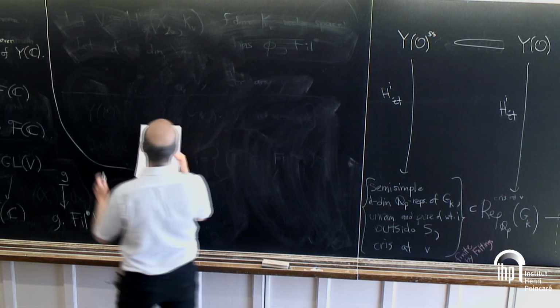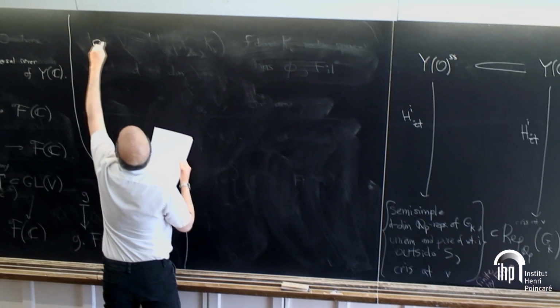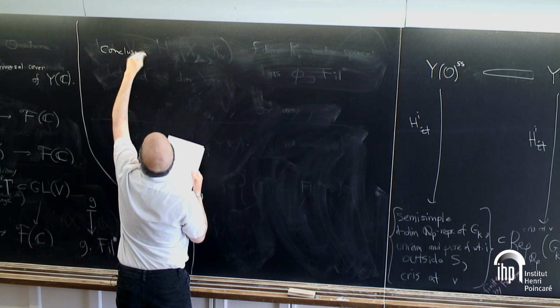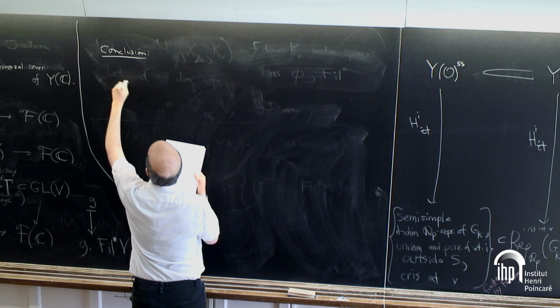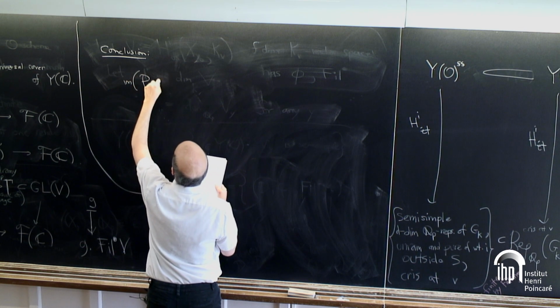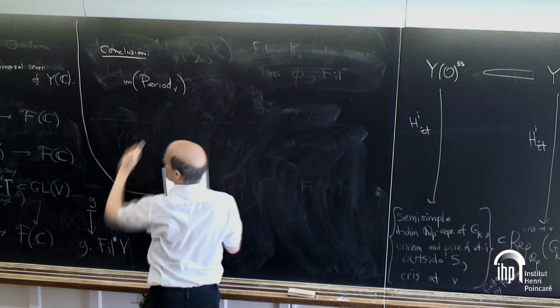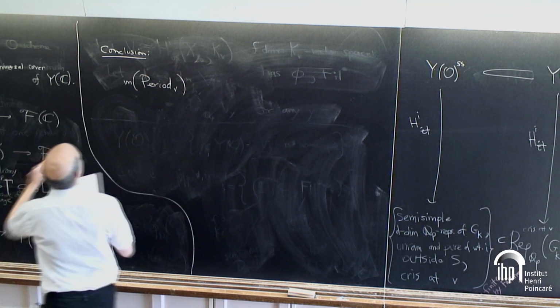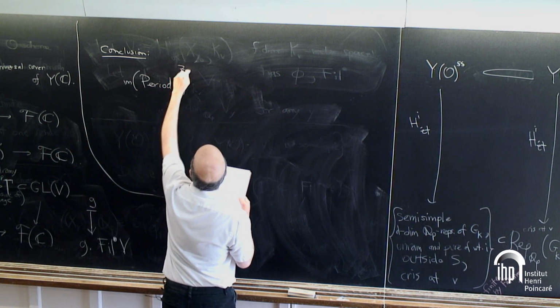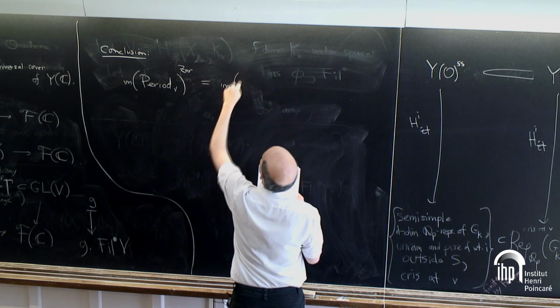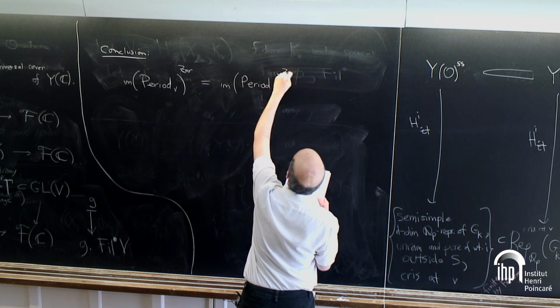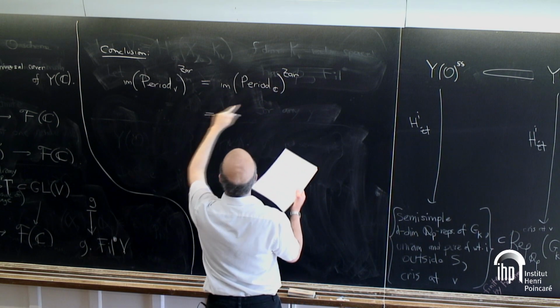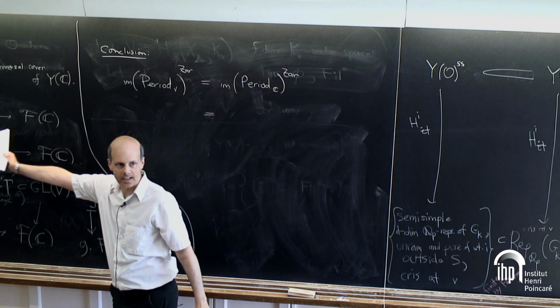Okay, so what's the upshot of this? The conclusion of this little discussion, this little board here, is that the image of the p-adic period map, the one that appeared in this last corollary, Zariski closure, is the same as the image for the complex period map on this little analytic disk.